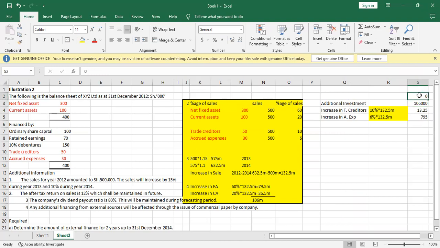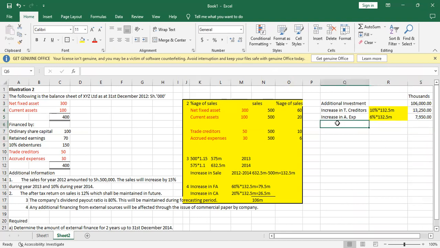So we are talking of thousands, for easier computation. So that this becomes 13,250,000. This is 7,950,000. I think that is better now.